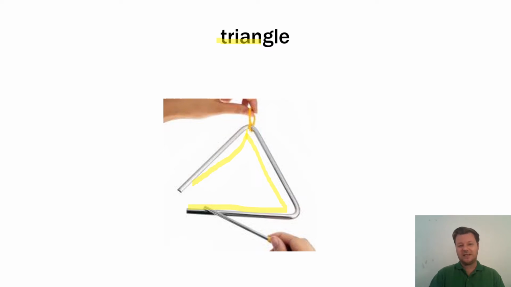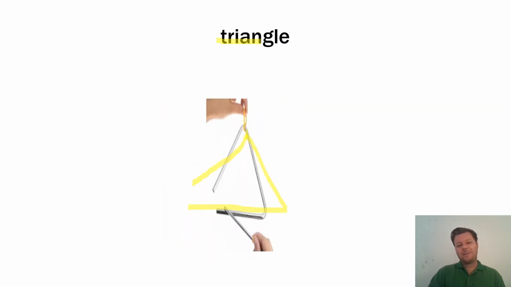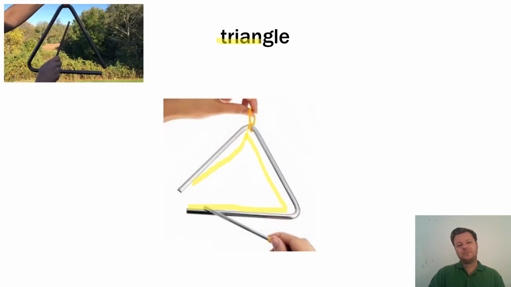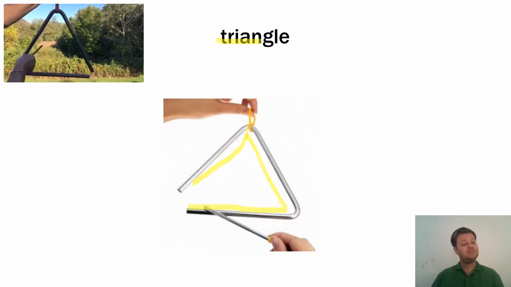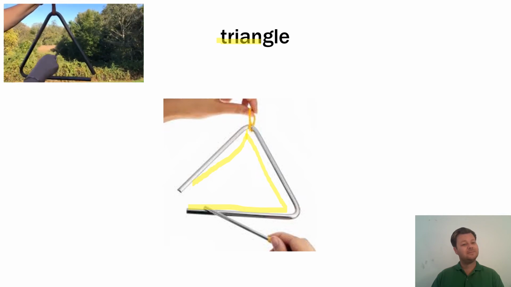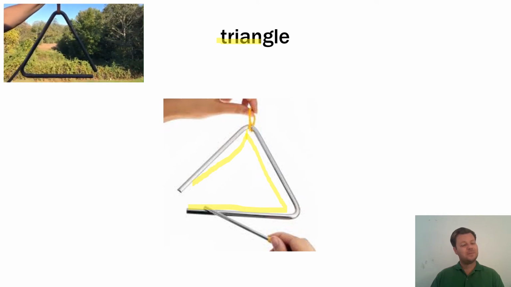This one is easy. So let's have a look. Wow, such a beautiful sound. But can you see in the video, we have a triangle, and once again, we use a stick.